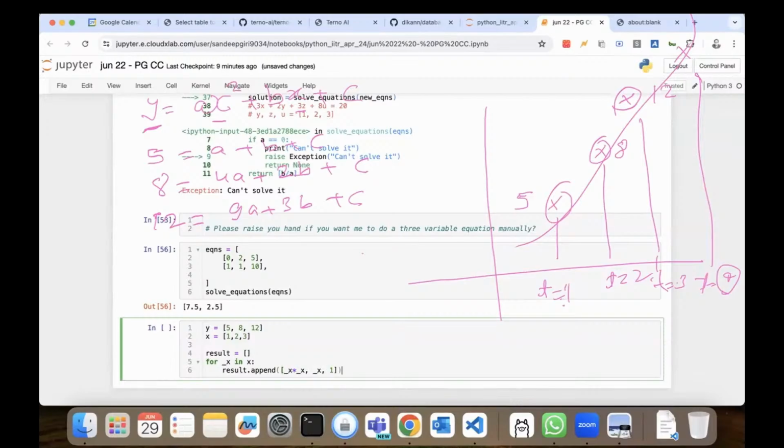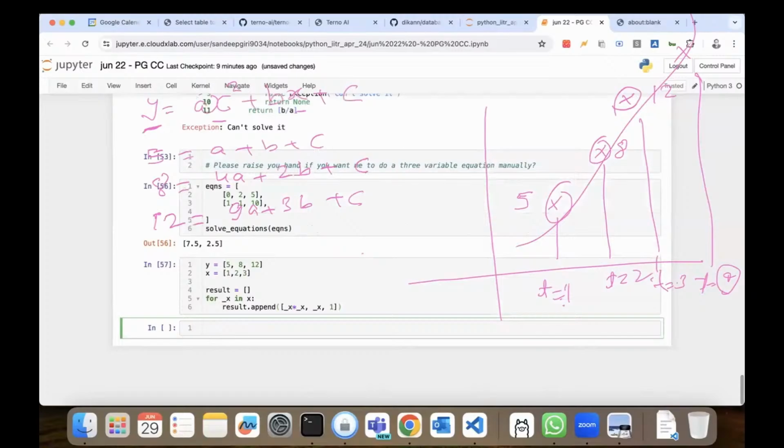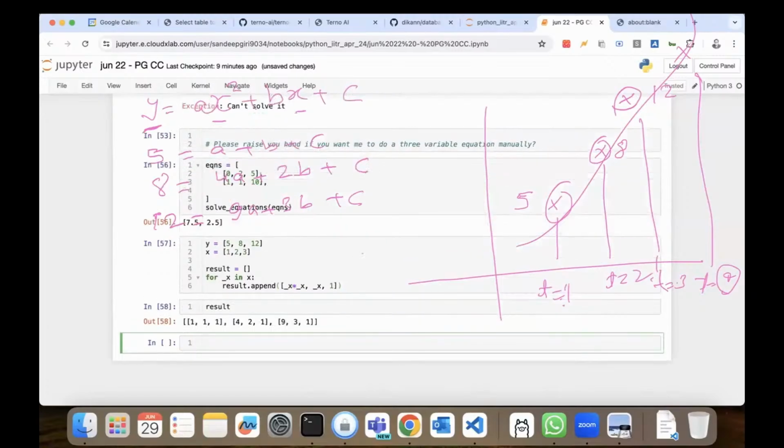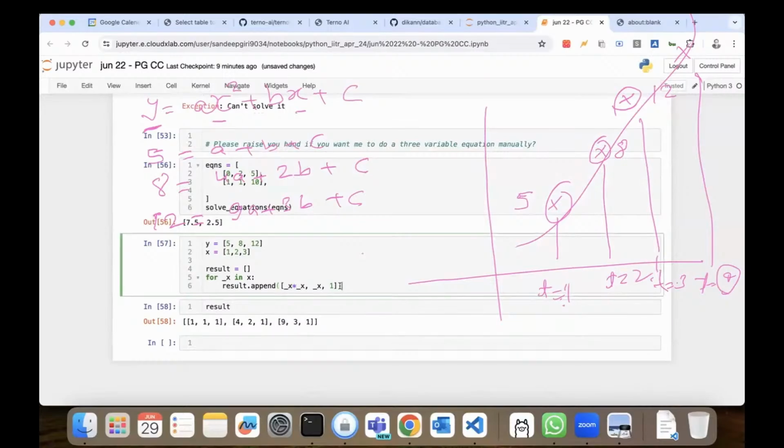And that's about it. So we have the result: 1, 1, 1, 4, 2, 1, 9, 3, 1, equals 5, 8, 12. Correct?